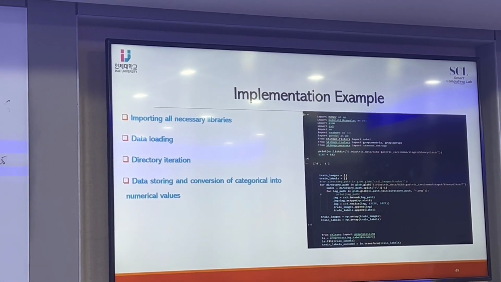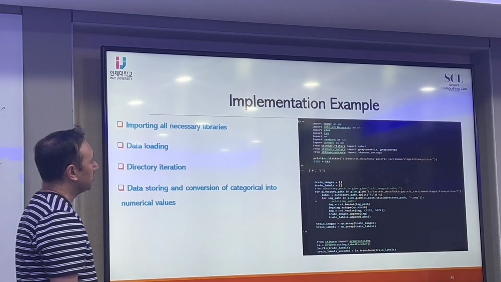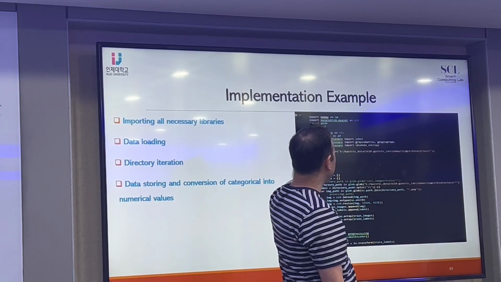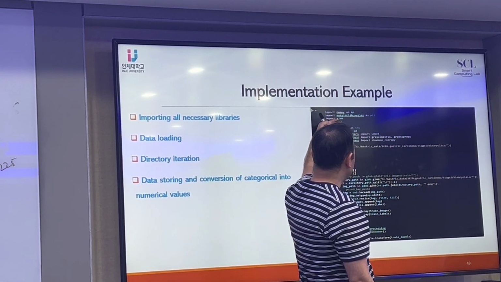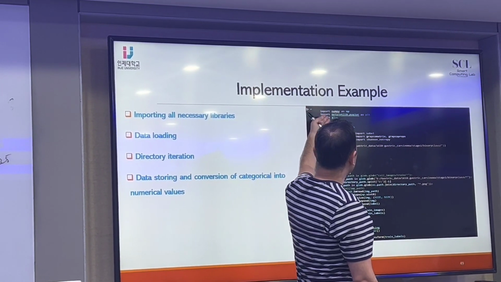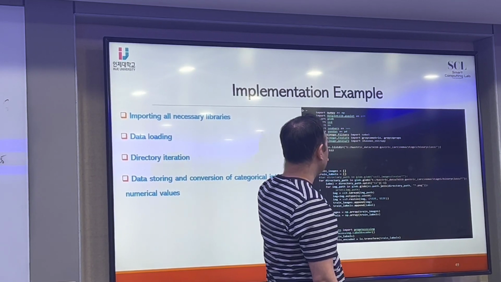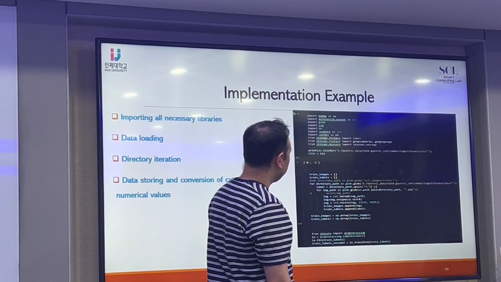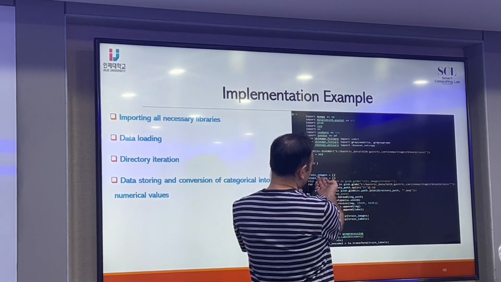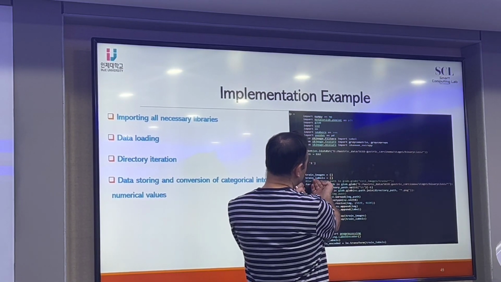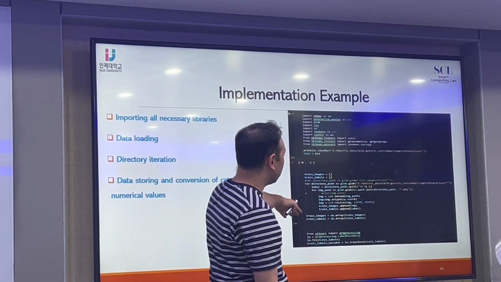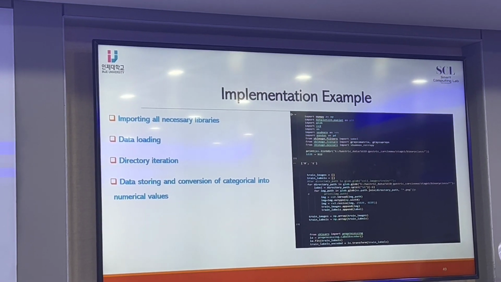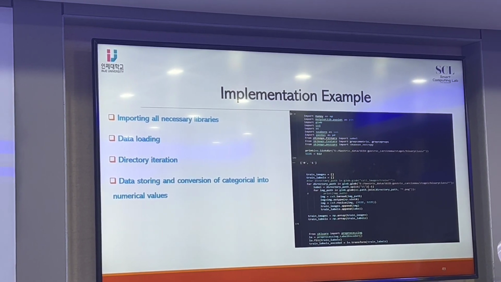In this screenshot, you can see we have imported all the necessary libraries, for example NumPy, Matplotlib for displaying the images, and CV2, OpenCV, Pandas. Then we have two containers, train images and train labels, and after that we read the images from our system and store them in those two containers.